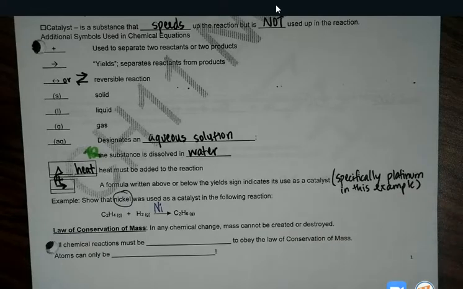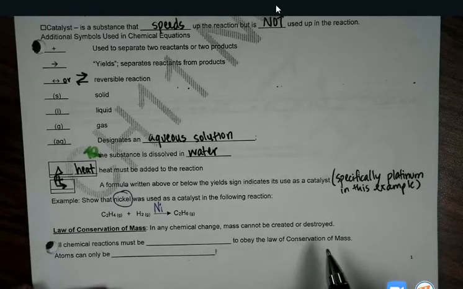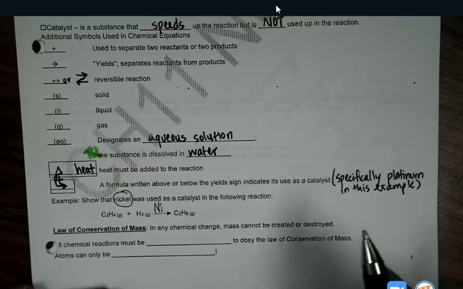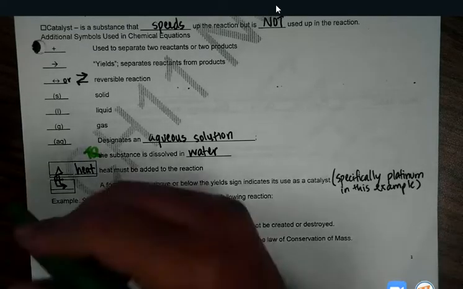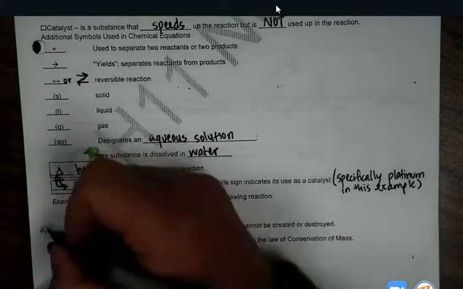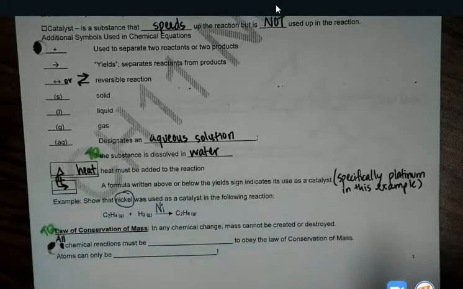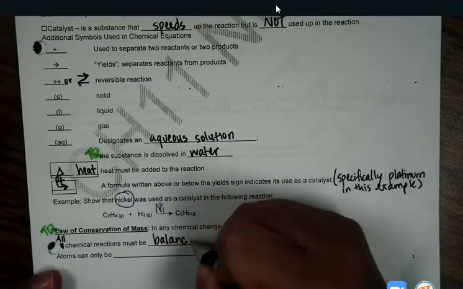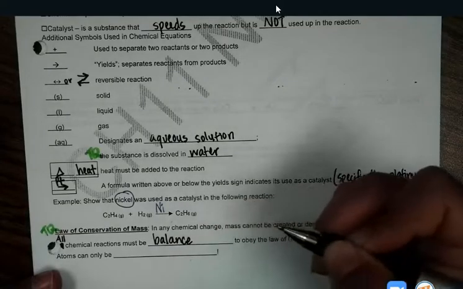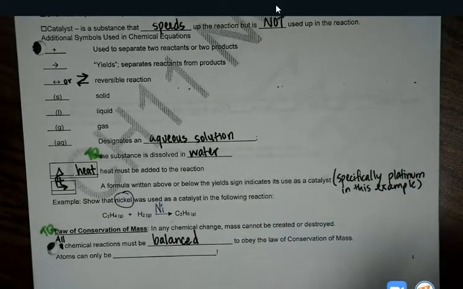The next concept is the law of conservation of mass. In a chemical change, mass cannot be created or destroyed. I would also know that for the test. All chemical reactions must be balanced to obey the law of conservation of mass.